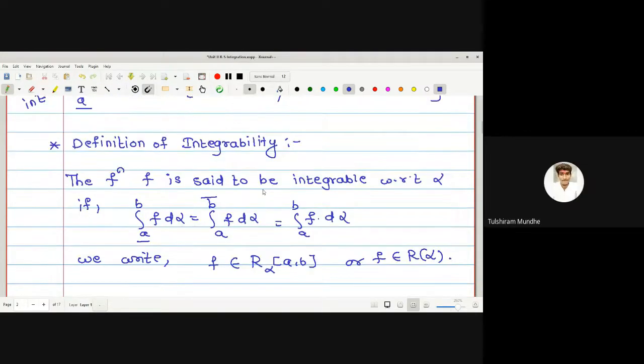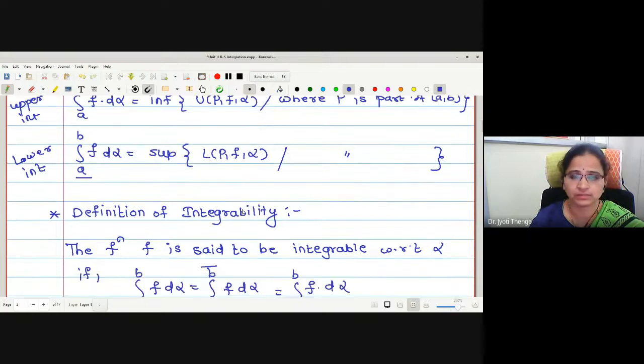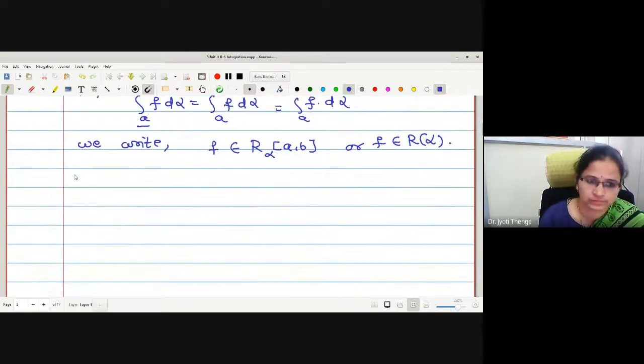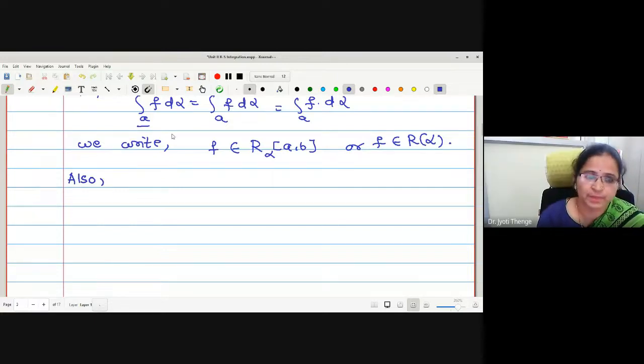Okay. Now, the upper integral is the infimum of upper sums. What is the relation between upper sum and upper integral? Less than or equal to. Very good. Therefore, may I write, by using the previous inequality, alpha b minus alpha a is less than or equal to the lower sum.